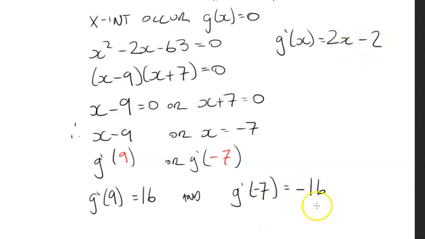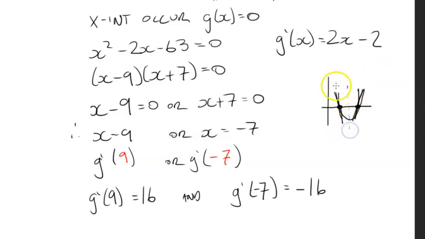And remember in class we said that because of the symmetry of this parabola, no matter what 2 points you use, say our x-intercepts are here and here, the rate of change at those two points has to be the same number, but one is going to be positive and one negative because of that symmetry.